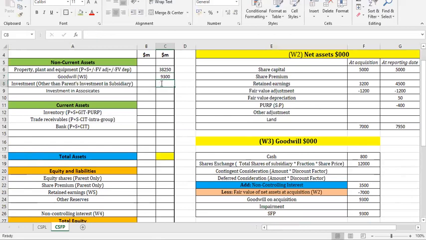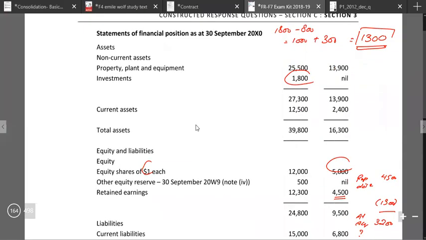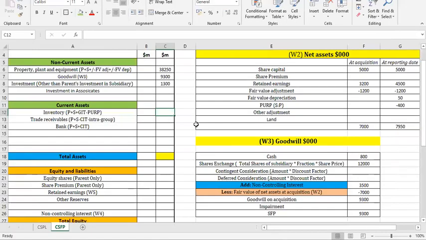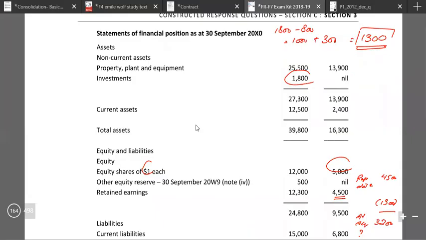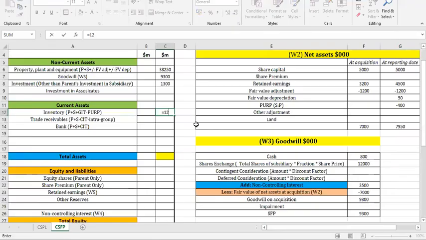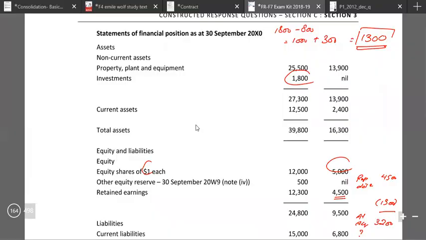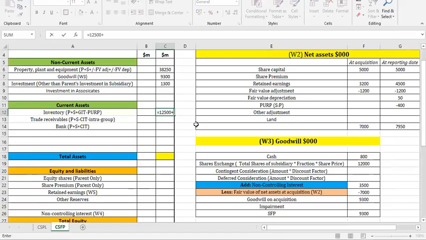Investments was 1,300, we have calculated that. Okay, then you have the current assets. The total is given, so we need to total. 12,500, yes, these two figures, 12,500 plus 2,400.